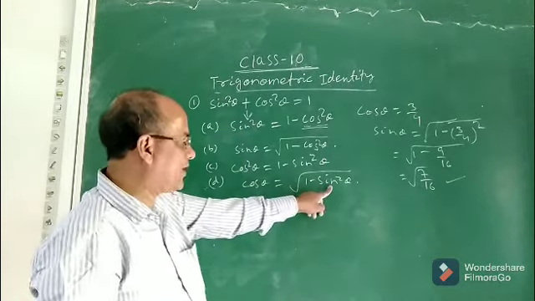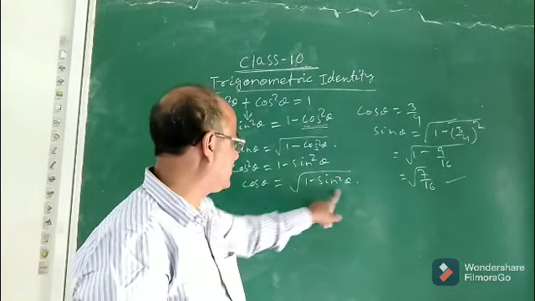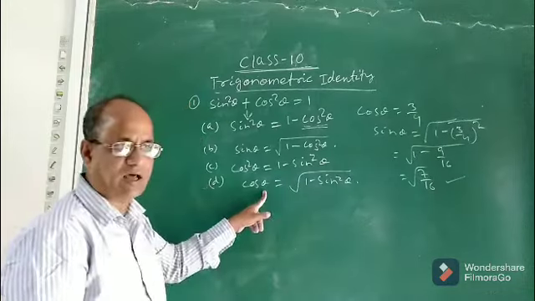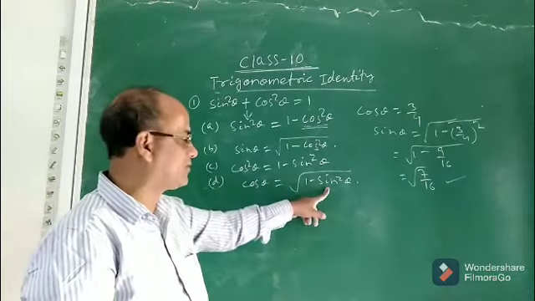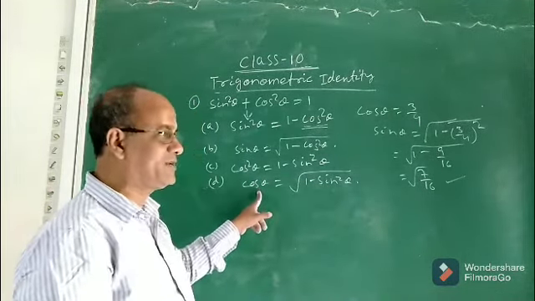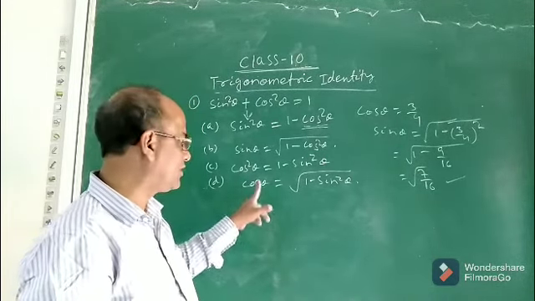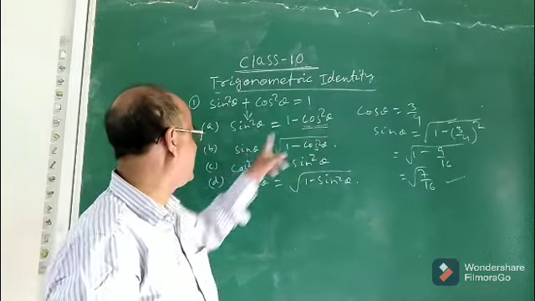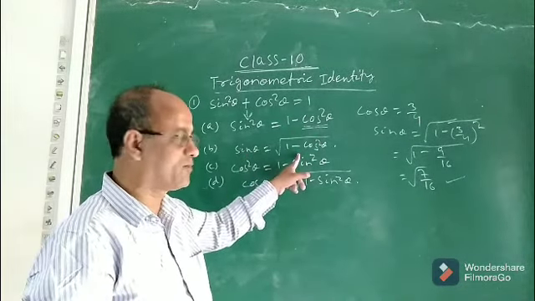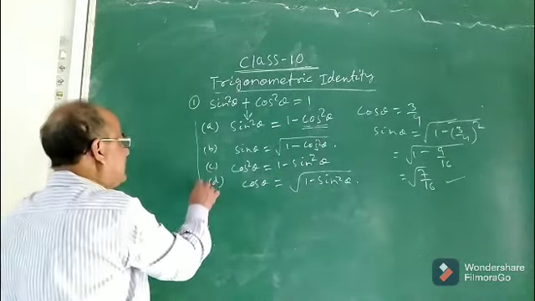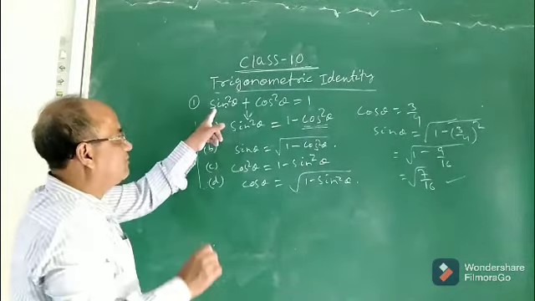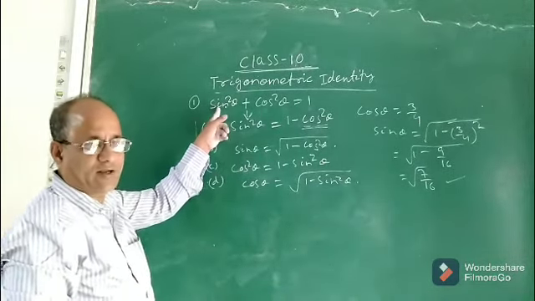That means if you are given the value of sin theta, using this formula you can easily find cos theta, and if you are given cos theta, you can easily compute sin theta. So these are sub identities derived from this main or parent identity.